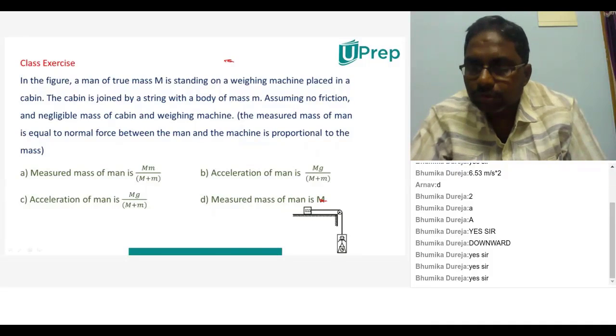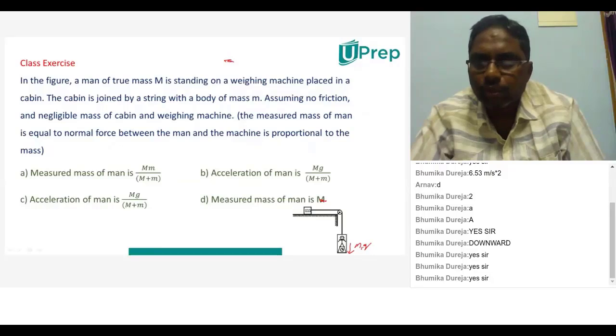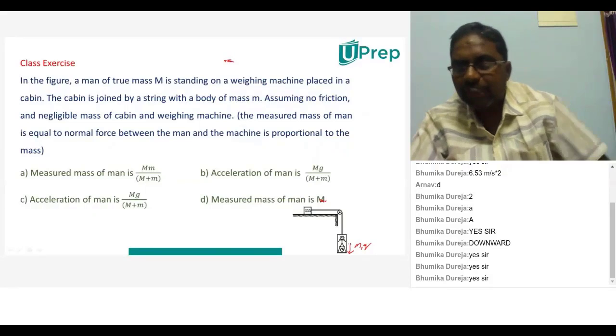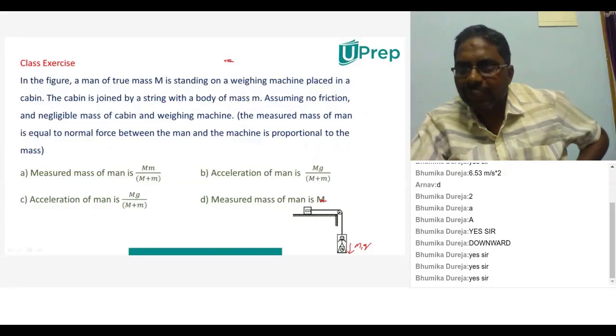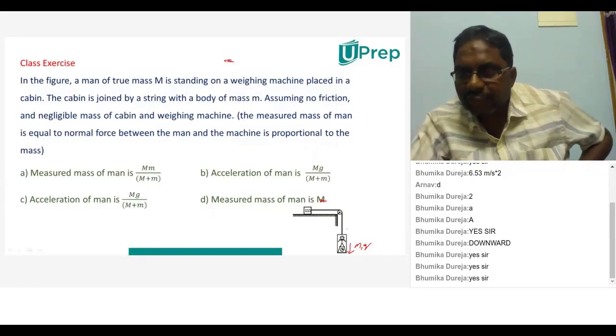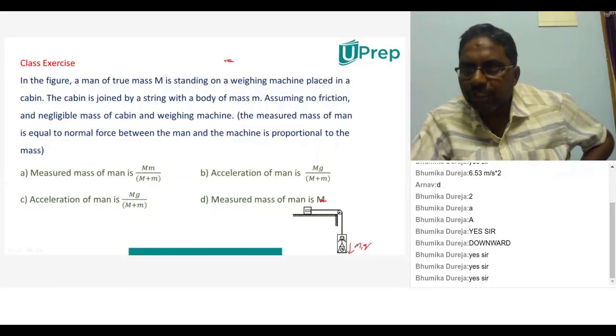Now here the man is traveling down as some weight is acting. The man's true mass is capital M, so I'm writing Mg here. Don't take it as m1g, Mg only. Mg is acting downward, whereas at the same time tension will act in the upward direction, or not?